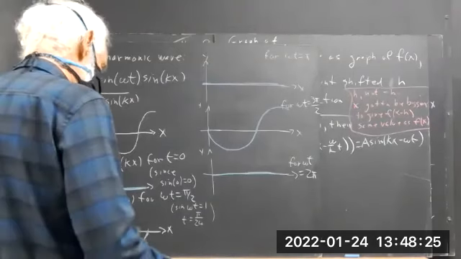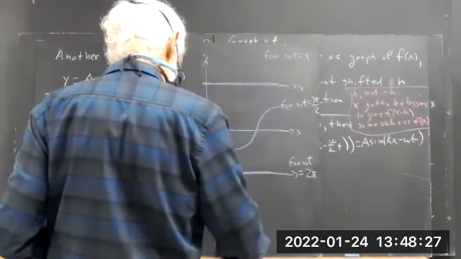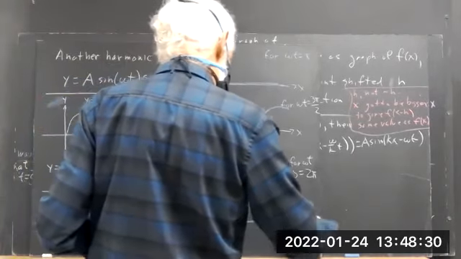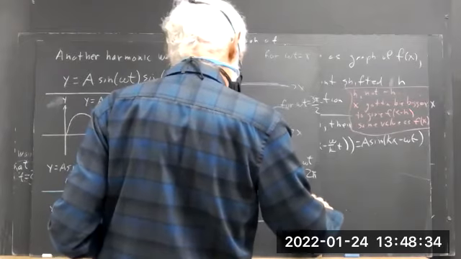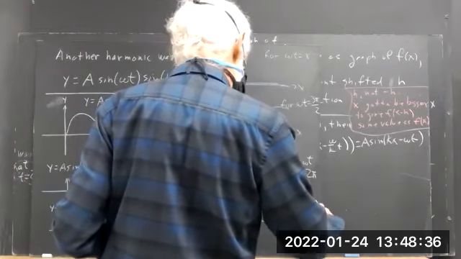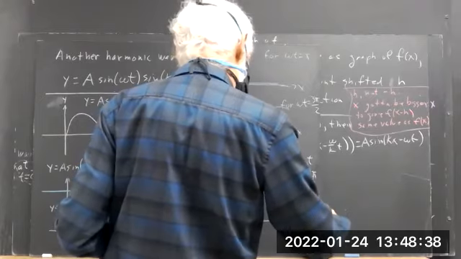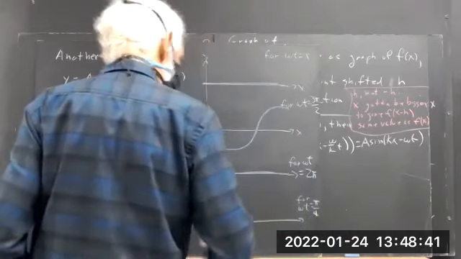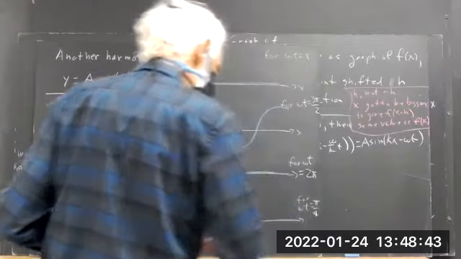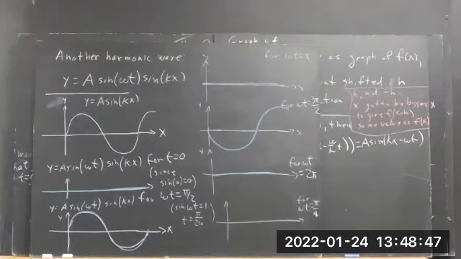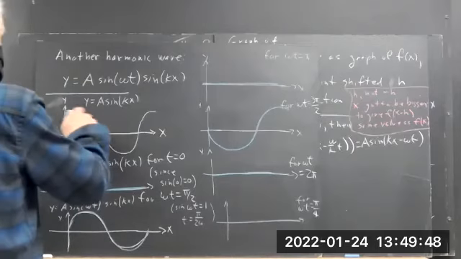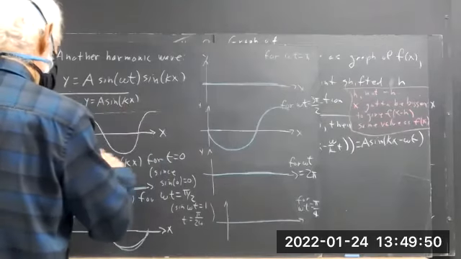Okay, what about for omega t equals pi over 4? Okay, got some good answers, very quick, which is good because we're almost out of time.